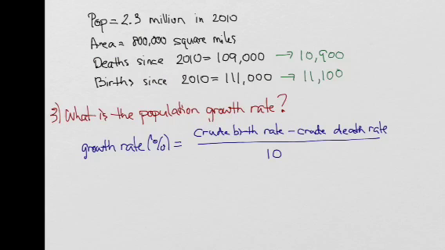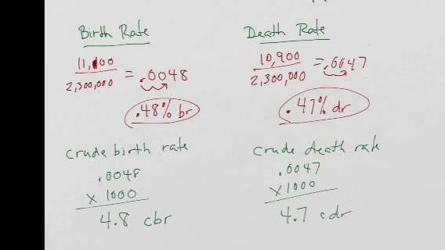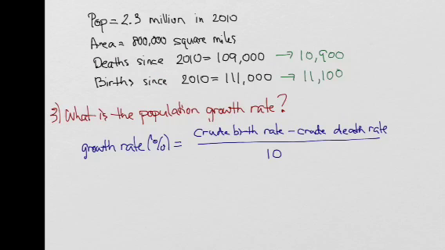All right, so the next portion is the population growth rate. To find the population growth rate, we're going to take some of the information we just found: the crude birth rate minus the crude death rate. The crude birth rate, if you remember from the last problem, was 4.8. So we are going to take 4.8 minus the crude death rate of 4.7 and divide by 10. That's going to give us 0.1 divided by 10, which equals 0.01.